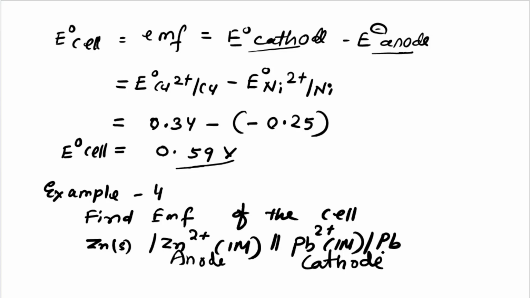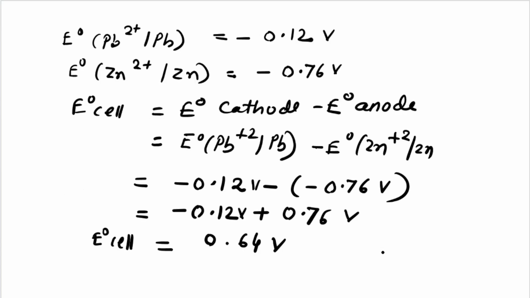Cathode means higher value, anode means less value. See here, the lead is minus 0.12 voltage, and zinc has a very low electrode potential, minus 0.76 voltage. So which is the higher value? That should be cathode. This is cathode and this is anode.